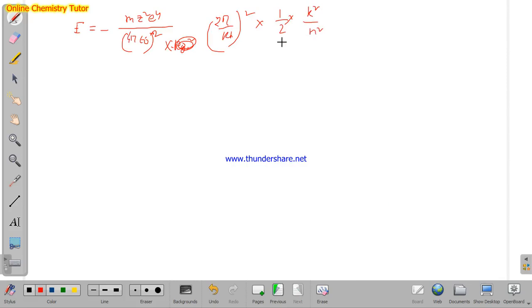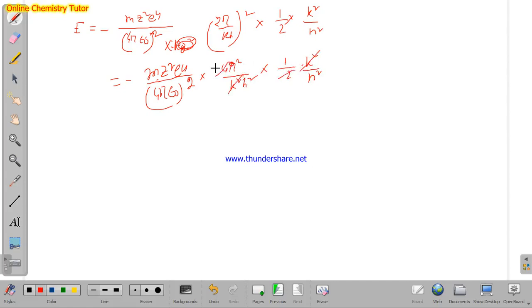So we get minus m z square e to the power 4 by 4 pi epsilon naught whole square into 4 pi square by k square h square into half into k square by n square. So k square cancels out, 2 cancels out, and here we see that E is proportional to 1 by n square.